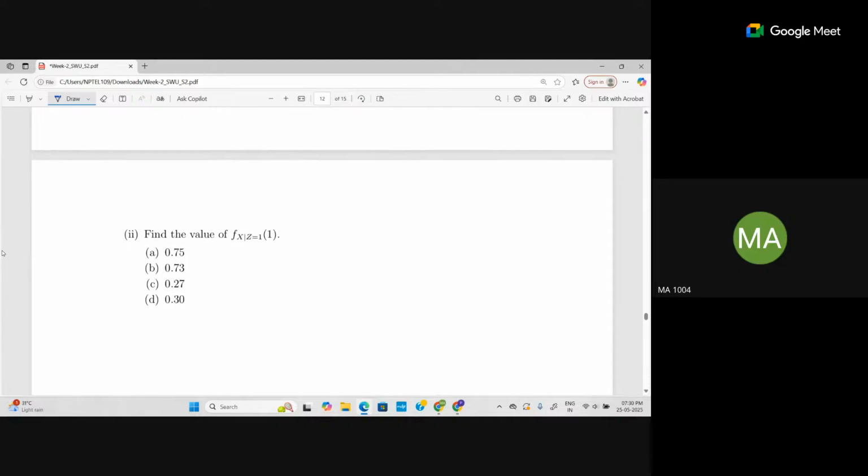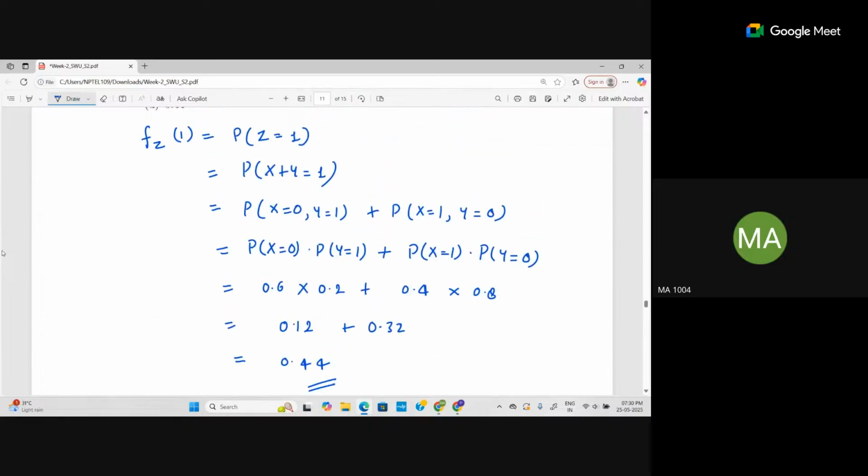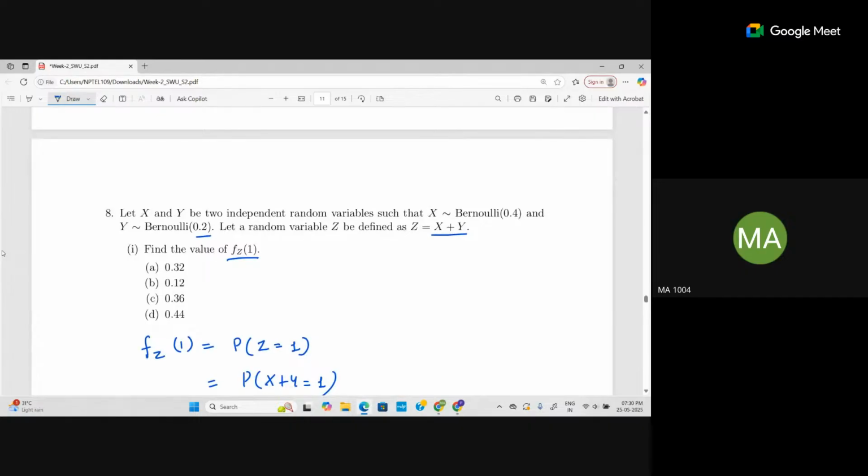Okay, this is the second part of the same question. Madam, why is the probability of failure taken as 0.6? See, in the question it is given that X is following Bernoulli with parameter 0.4. Whenever it is written that X is following Bernoulli distribution with parameter P, P is nothing but the probability of success.